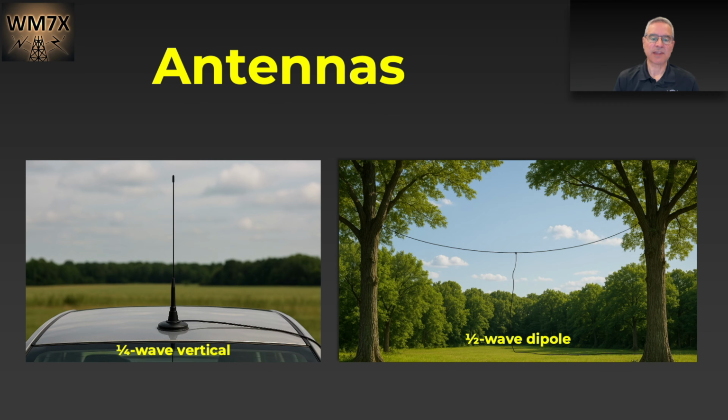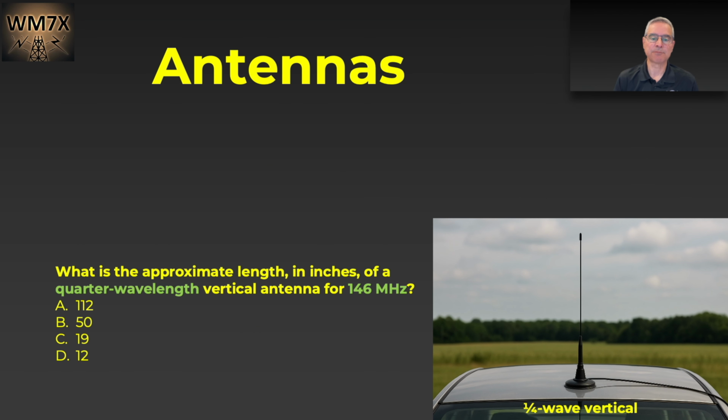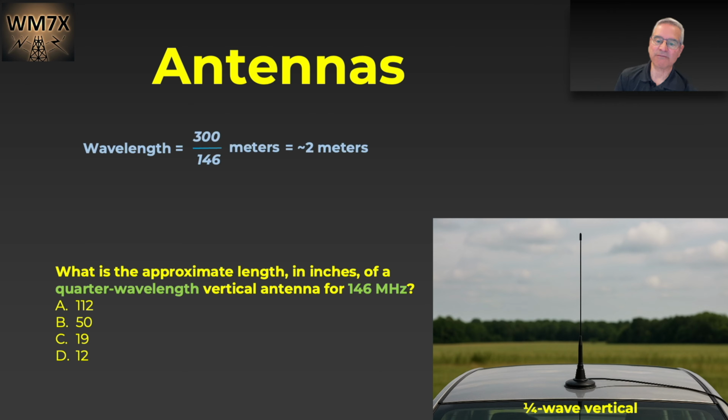Okay, so let's actually work through an example in the form of one of the test questions. So this one gives us the frequency we're interested in and tells us we want our antenna to be a quarter wavelength long. Okay, so we just learned how to convert frequency to wavelength. So let's start there.